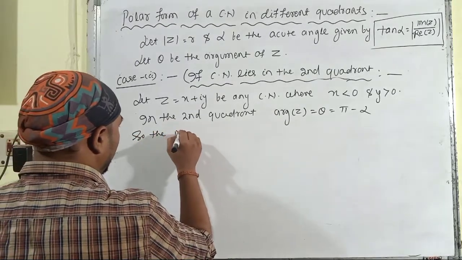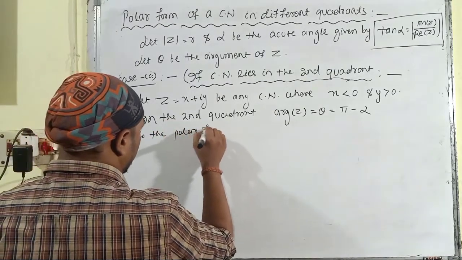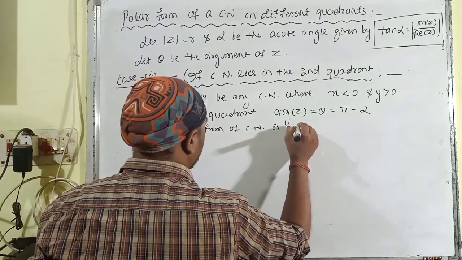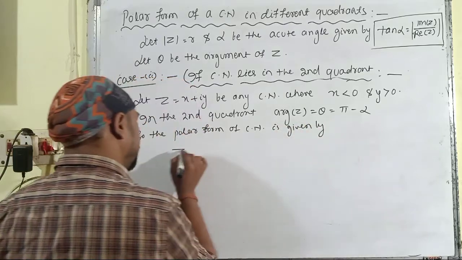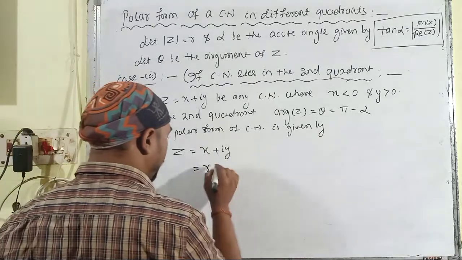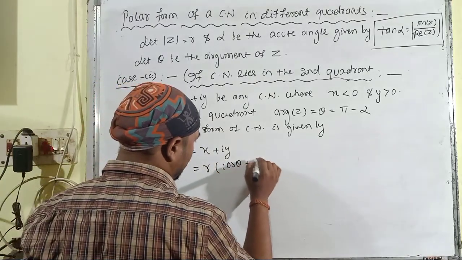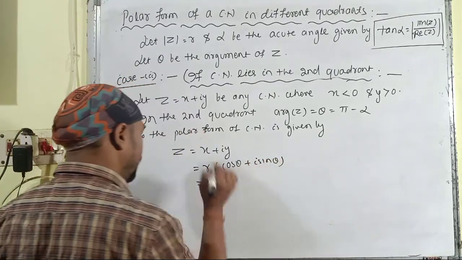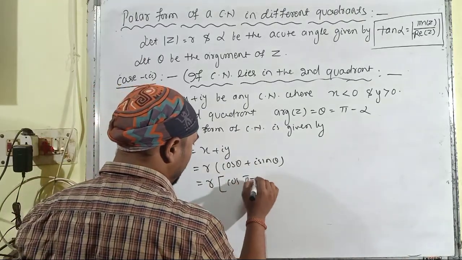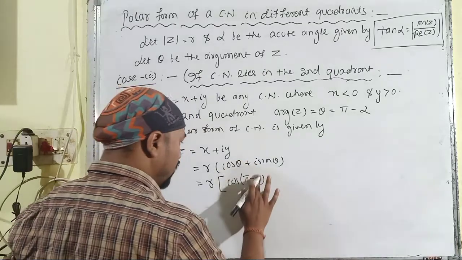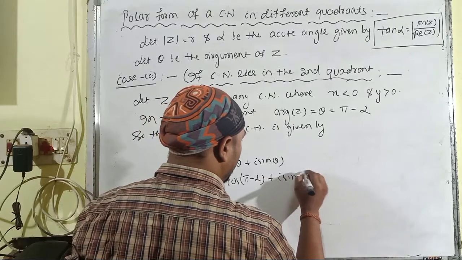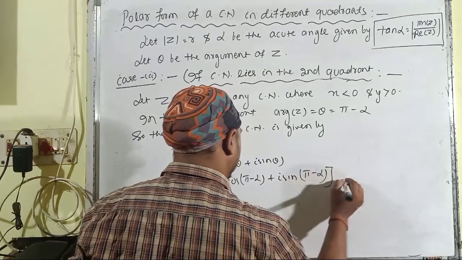So the polar form of a complex number is given by z is equal to x plus iy, written in the form r (cos theta plus i sin theta). Then it is r (cos(pi minus alpha) plus i sin(pi minus alpha)).